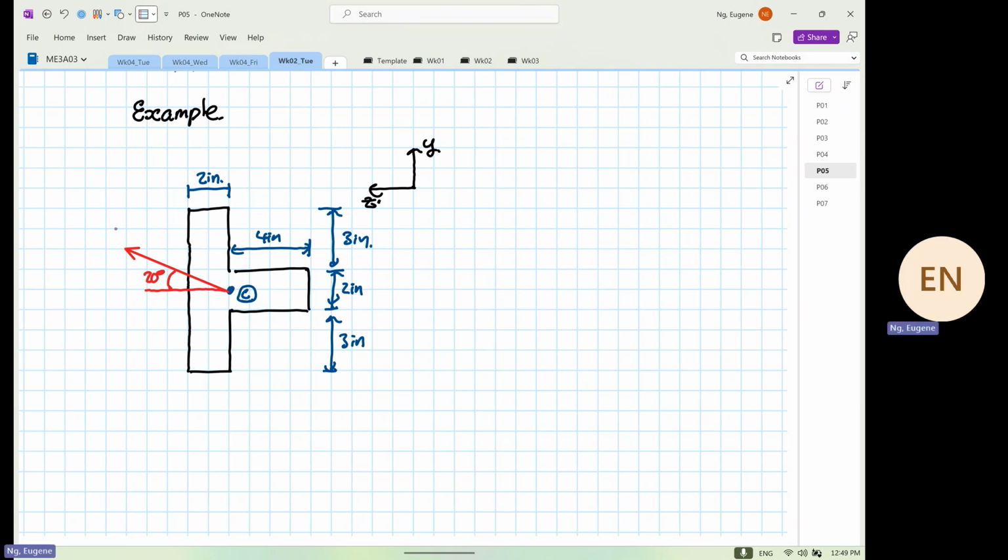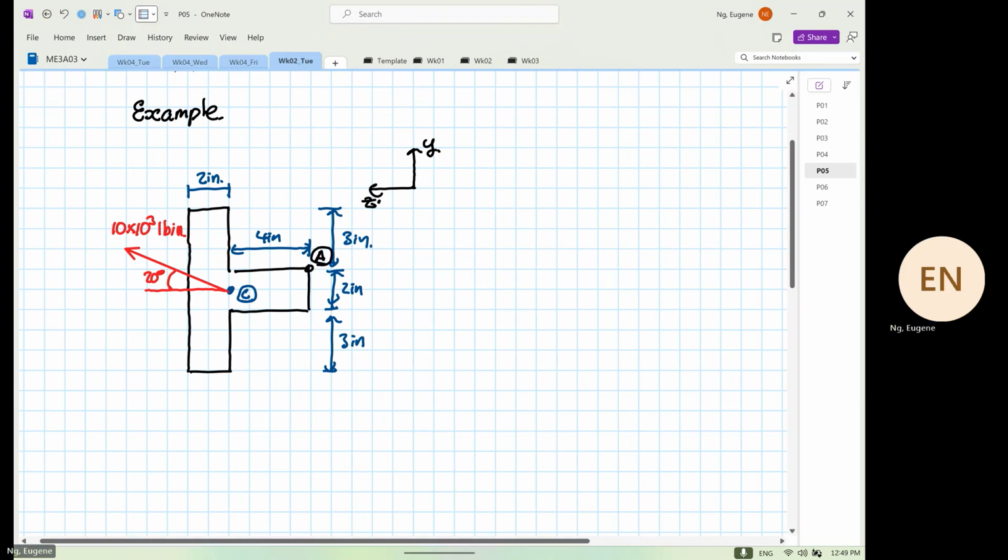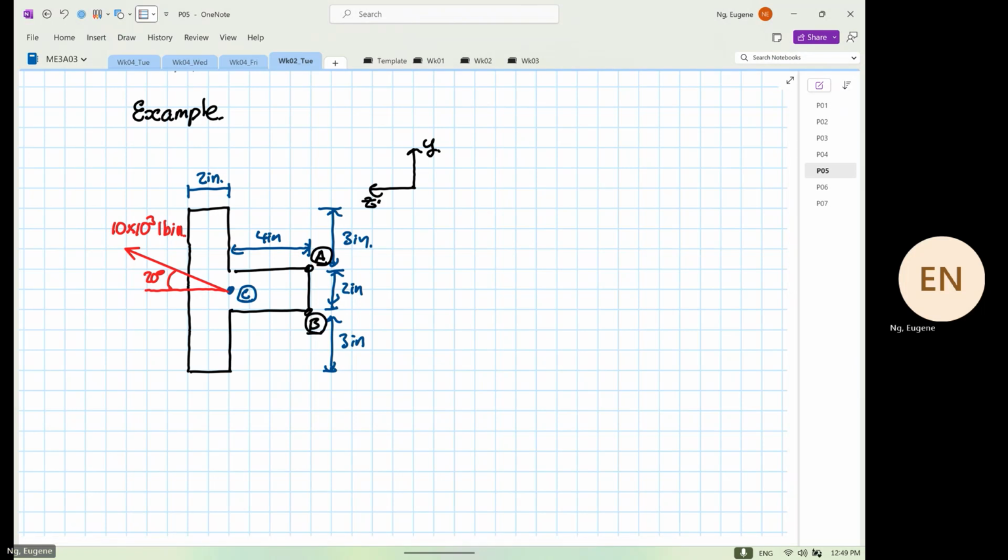And it is equal to 10 times 10 to the power 3 pound inch. So we have, so this is our point A, our point B, and then over here, this is our point D.